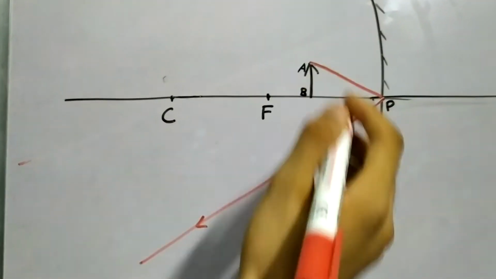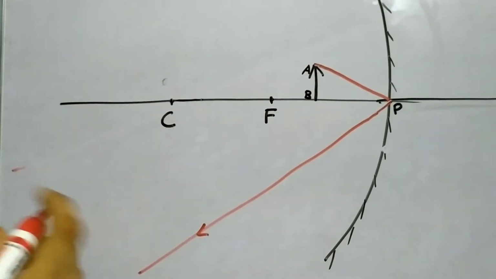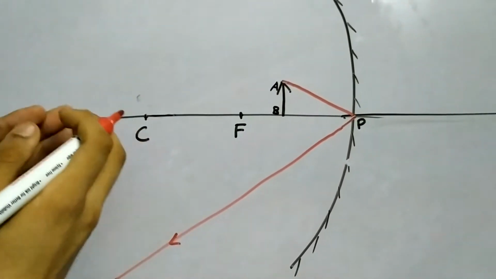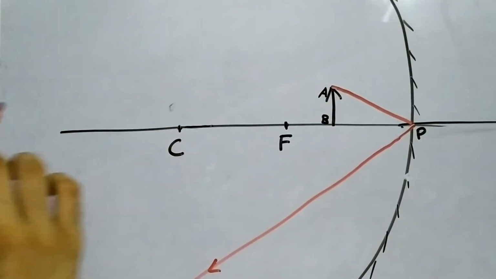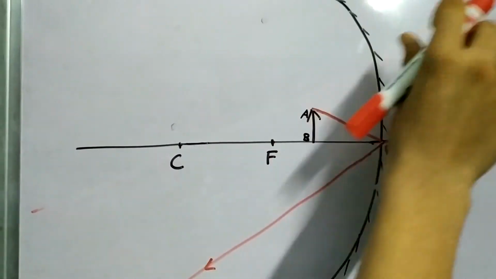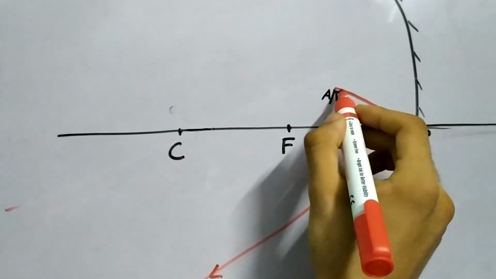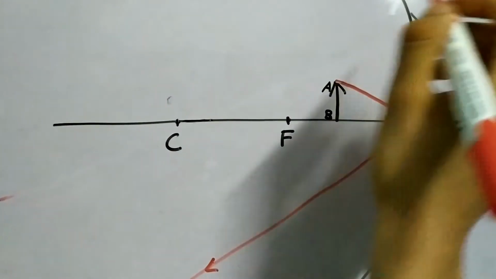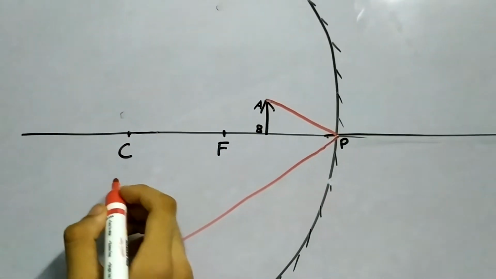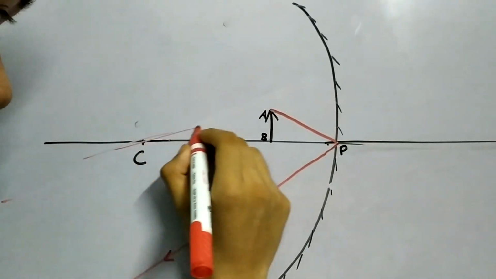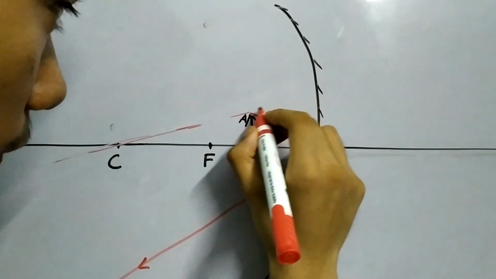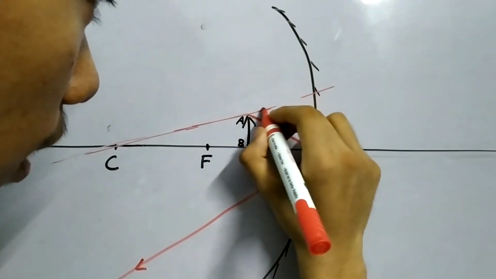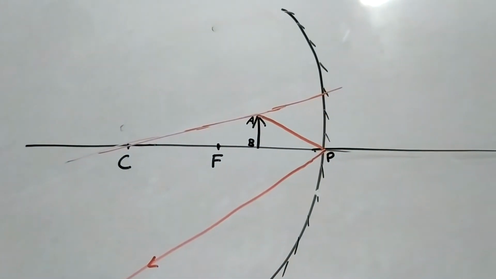Now the second ray. In the previous case we did it using a reference line CA passing through the center of curvature and touching the top of this object, then reflecting from the mirror. So again, if I draw this, something like this, this is a reference line, you can say.